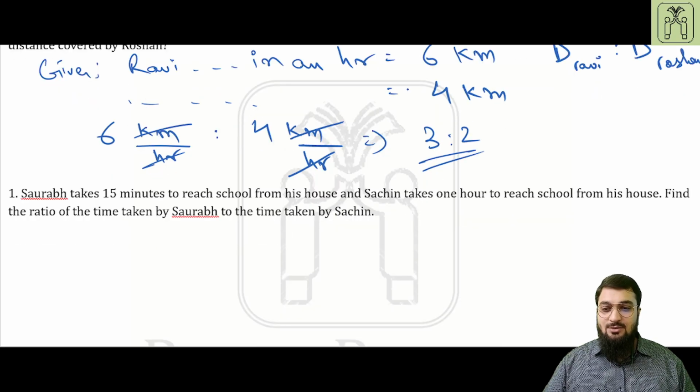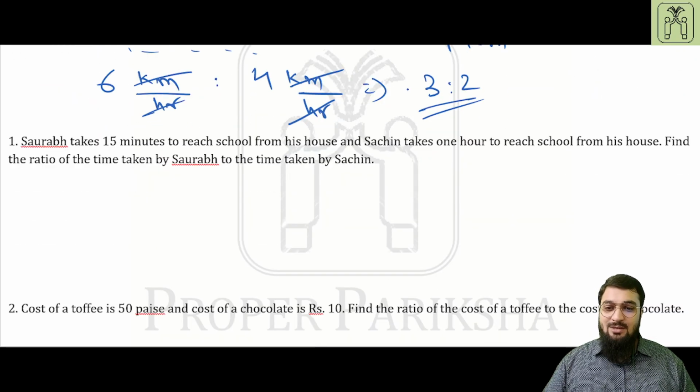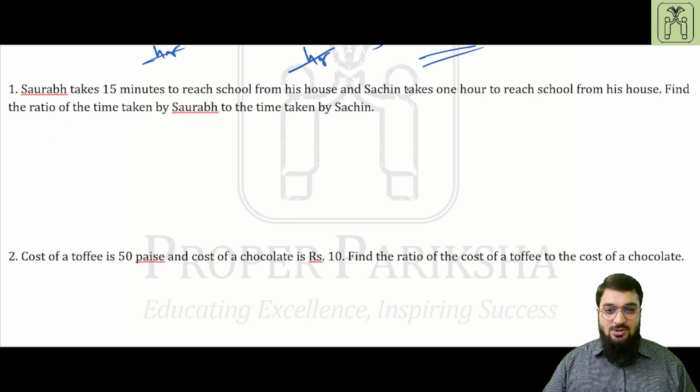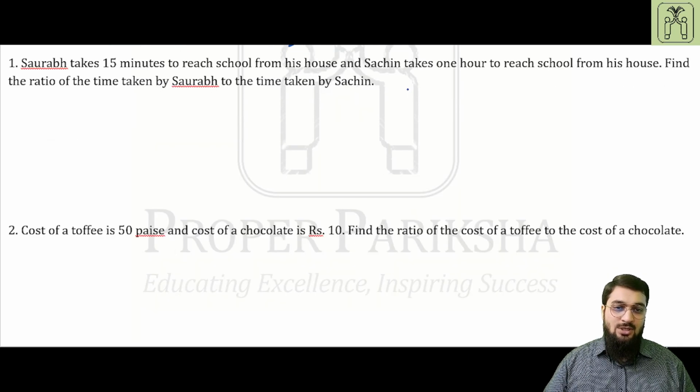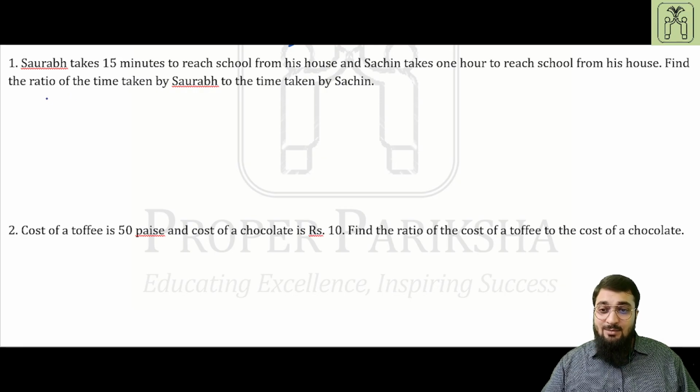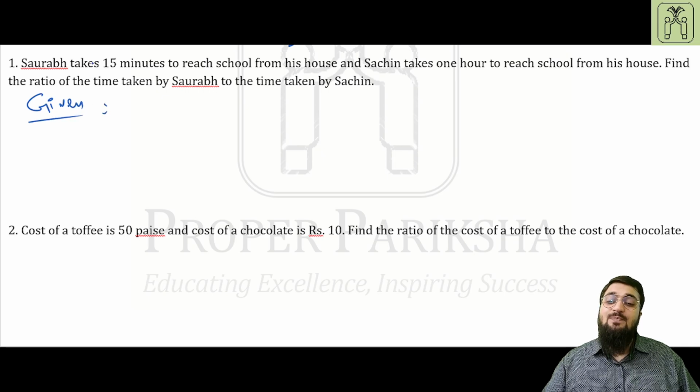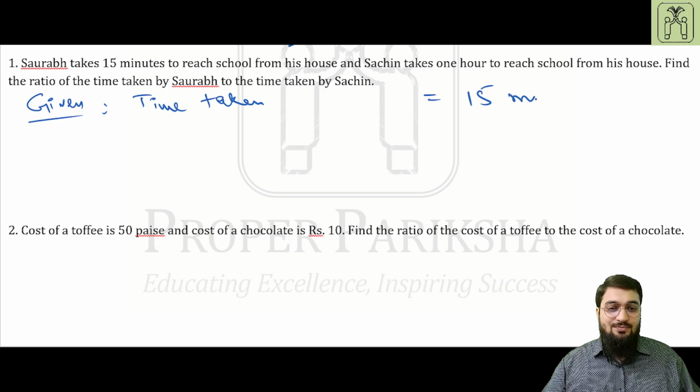Coming to the next question. Saurabh takes 15 minutes to reach school from his house and Sachin takes 1 hour to reach school from his house. So we have the time taken by two different people and we write that in given. Given: time taken by Saurabh to reach school from his house is equal to 15 minutes.